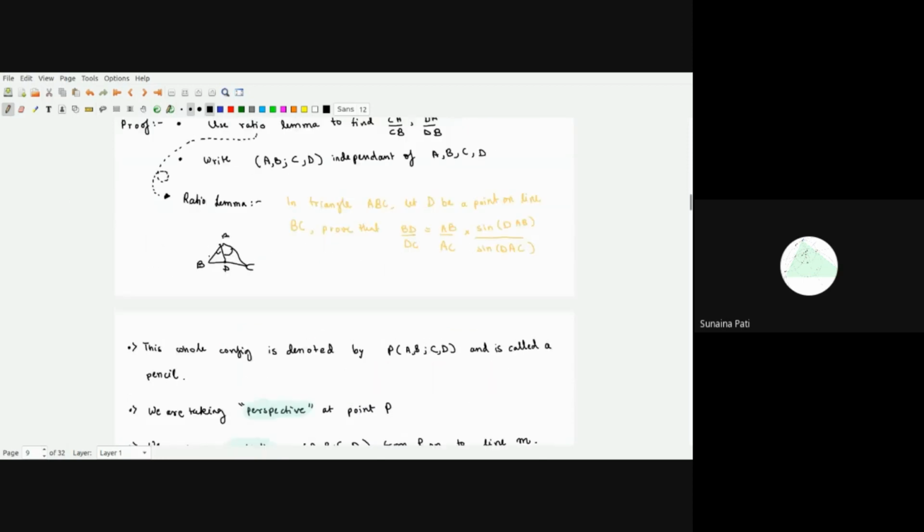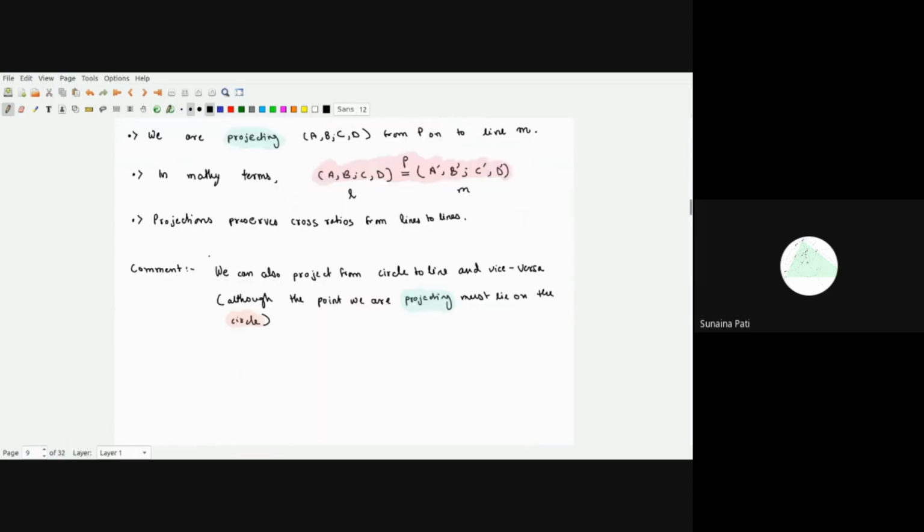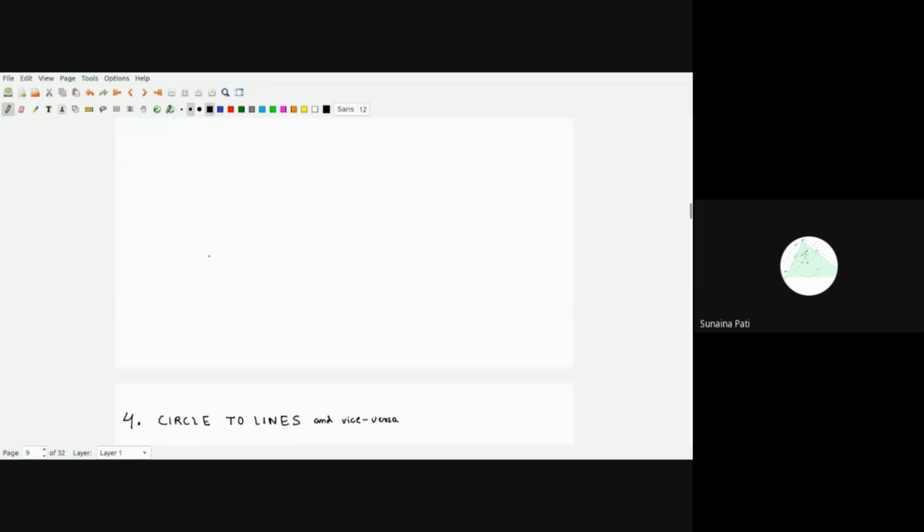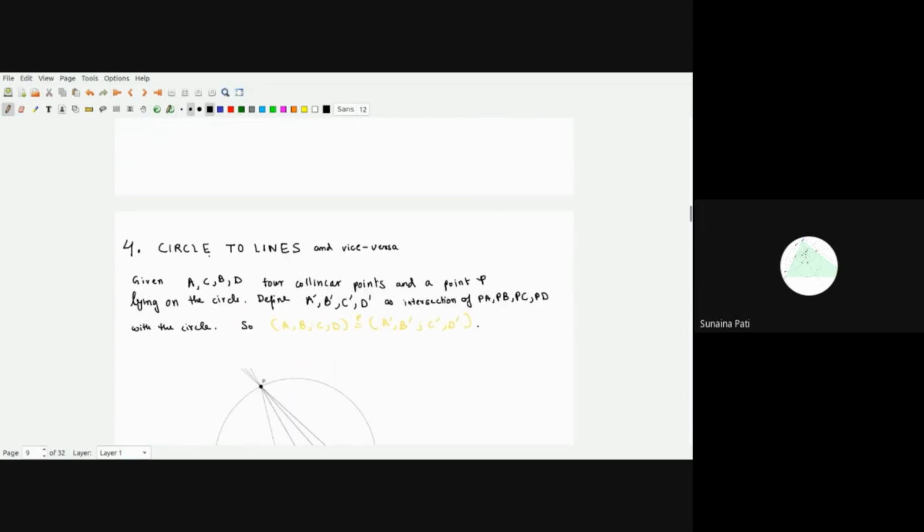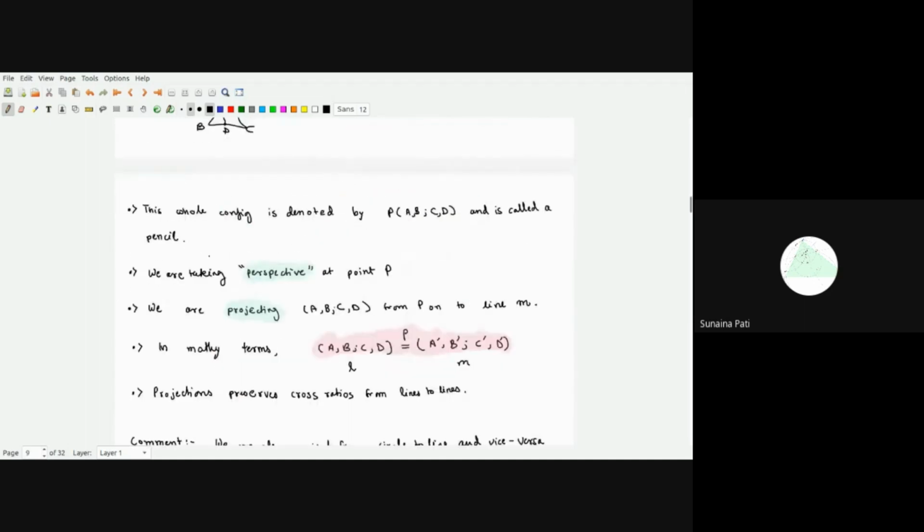Similarly, here we did lines to lines. Now we'll do circles to line and vice versa, which is pretty cool. Remember this perspective thingy? We're taking perspective at point P. For perspective, you need a point P so that you can project.